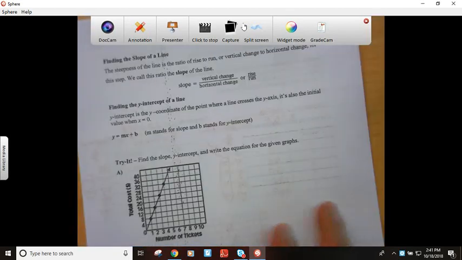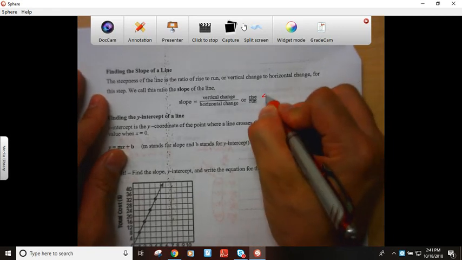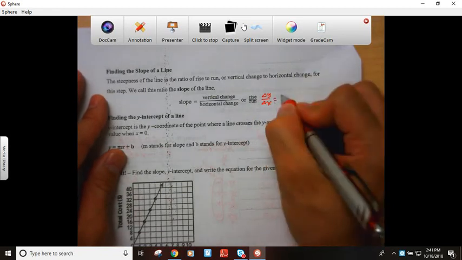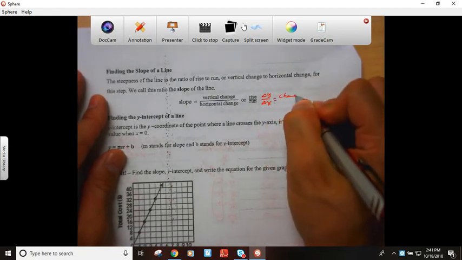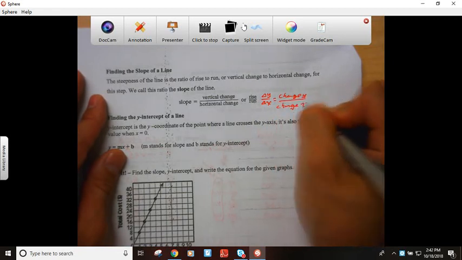All right, let's take a look at the next example. Remind yourself of what slope is. Slope can be called rise over run. It can be called our delta y over delta x. It can be called our change in y over change in x.